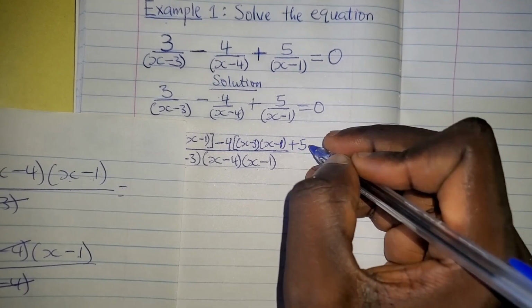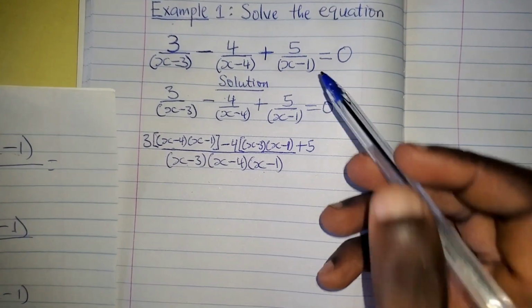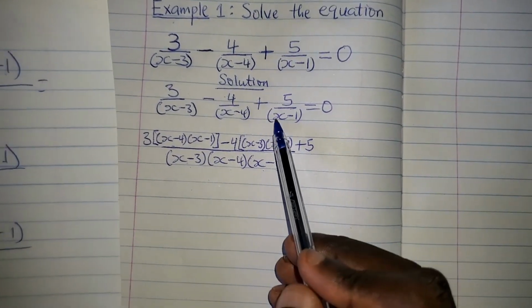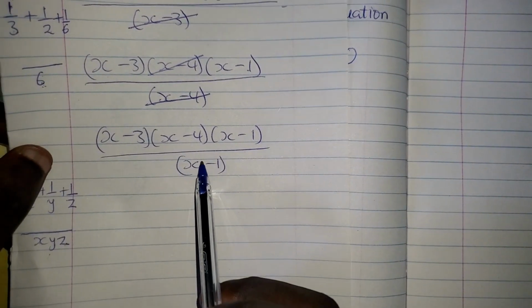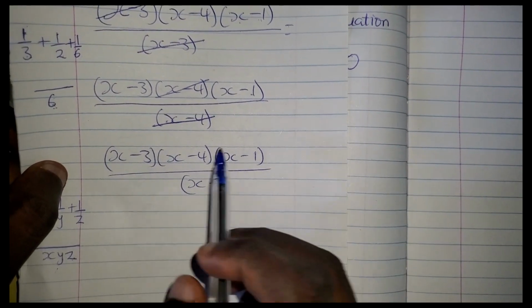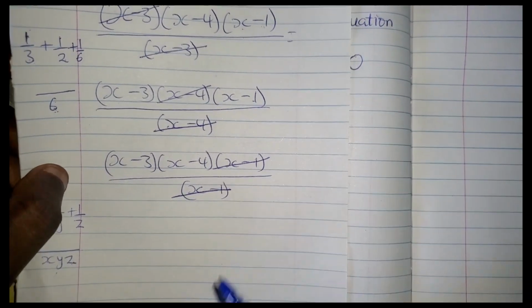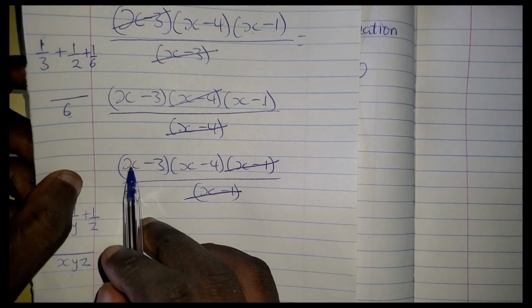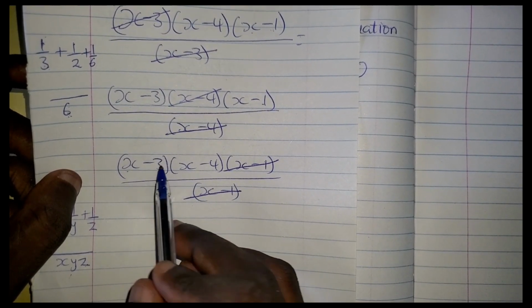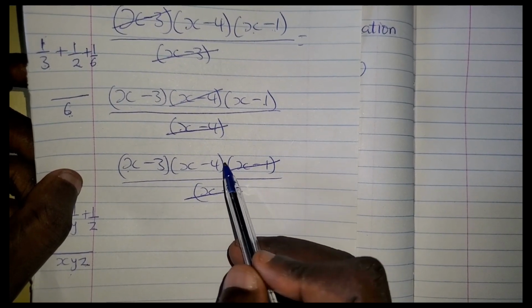Plus 5. Now what will I multiply with this 5? I will divide the LCM here by this x minus 1, and that was what I did here: the LCM divided by this x minus 1. So this will give me what? This will cancel this. I'll be left with x minus 3 and x minus 4.